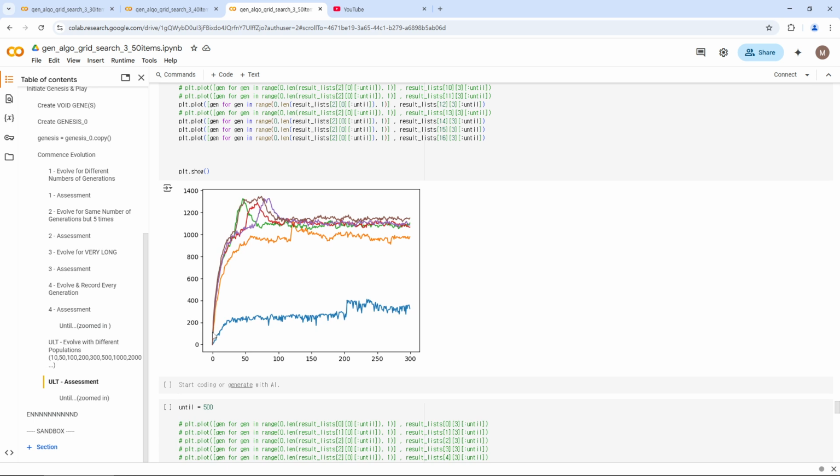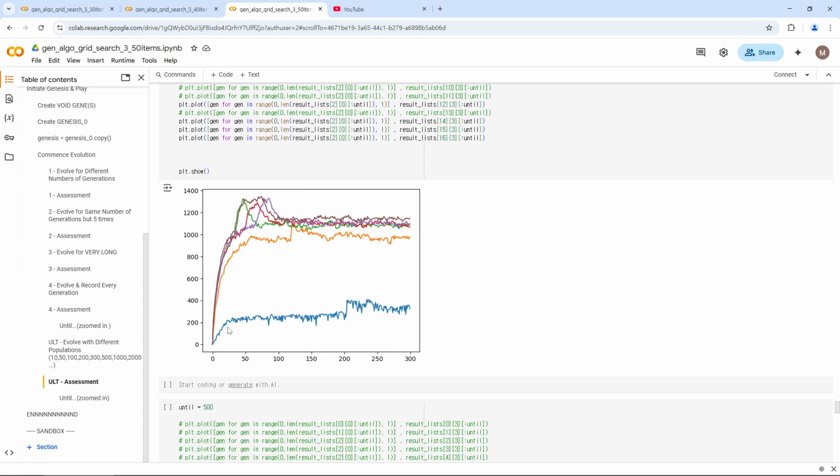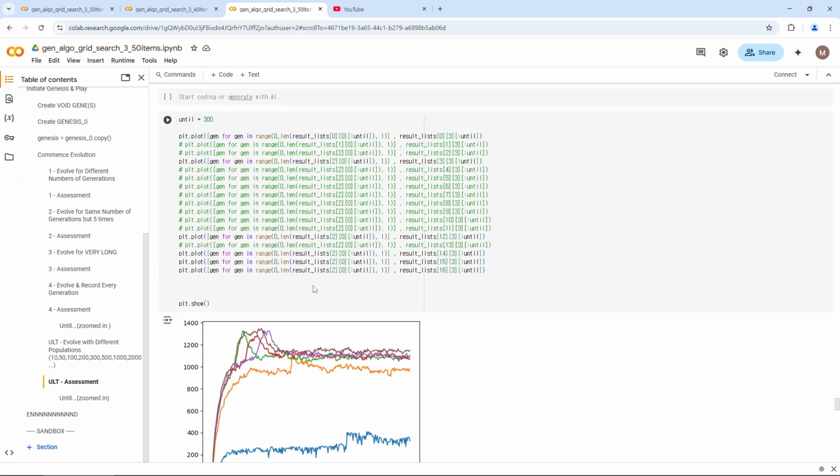Generation 300, we got the peaks. This blue line is for population 10, so again here we see that a smaller population never is good, at least right now, because it never reaches a decent level of summed utility values.